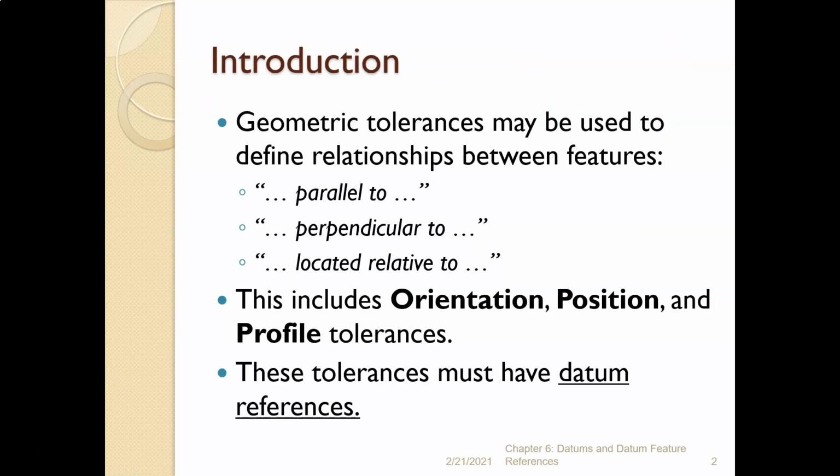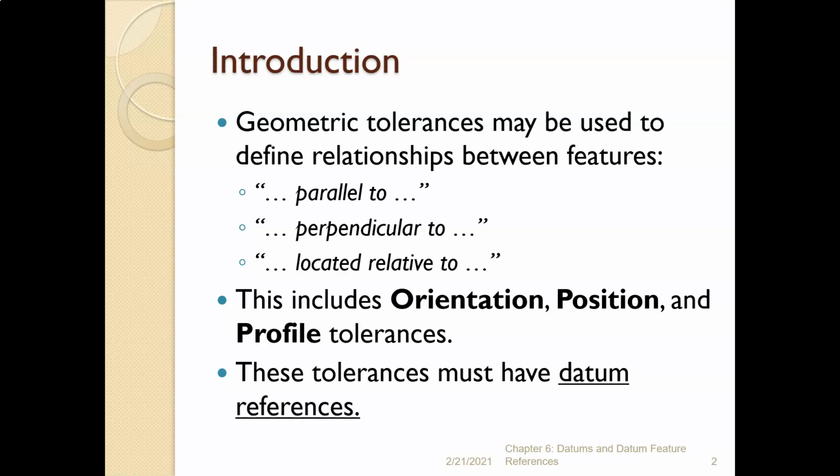All right, so first of all, why do we need datums, or what are datums? What's the point of a datum? Well, geometric tolerances may be used to define relationships between features. Remember, features can be a surface, a hole, a cylinder, a groove, anything like that. We're talking about features or features of size.